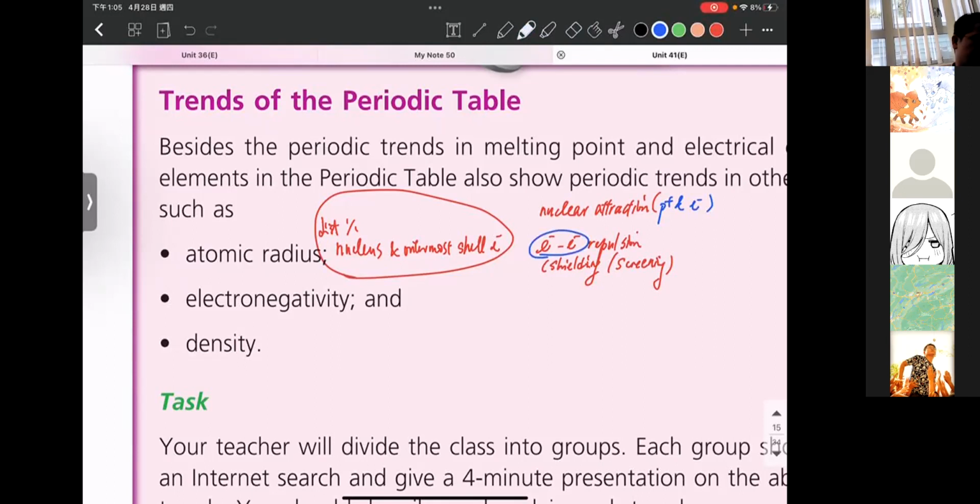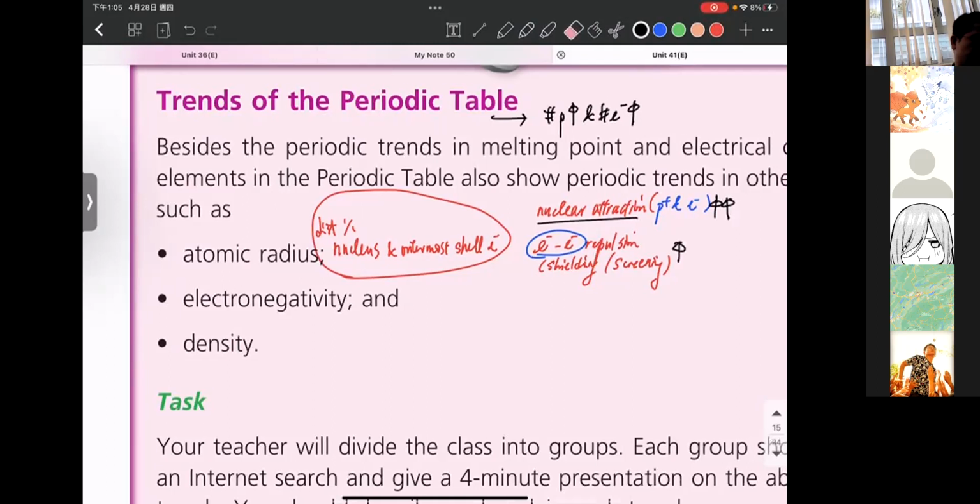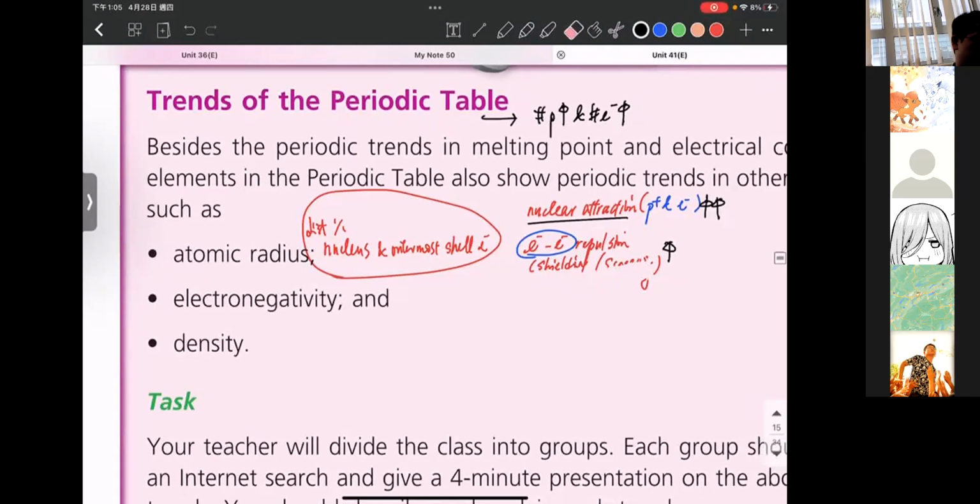Across a period, what will happen? The number of protons increases and the number of electrons increases, right? So this will make these two factors go to different extremes. But the extent of increase in nuclear attraction outweighs the increase in electron repulsion. You get my point. So overall, we have a net stronger nuclear attraction.